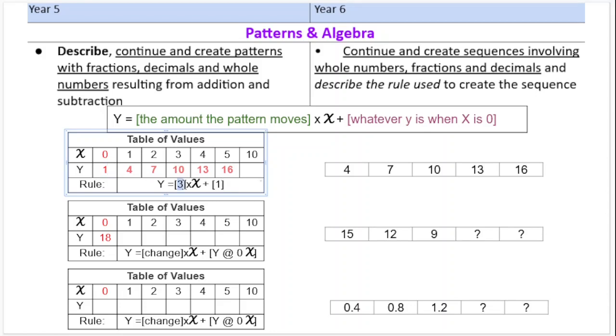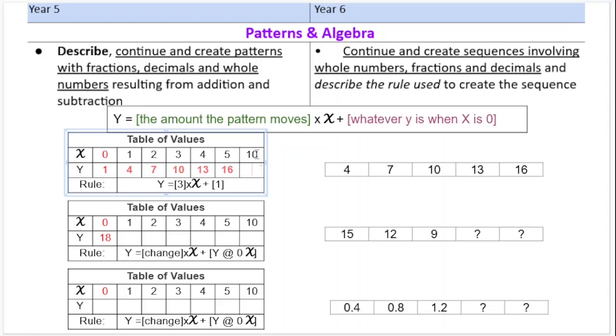Whatever goes in this section is how much it goes up or down as you go across. So now we literally have discovered and created a formula for what has to go where y is if we know what x is. Now we always know what x is because that is the thing that we know, and we have to find out what y is.